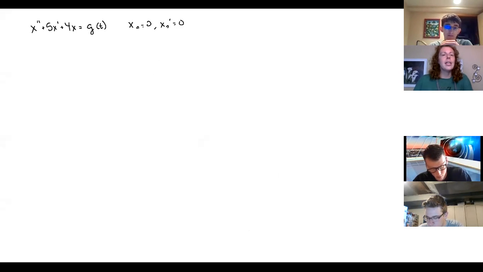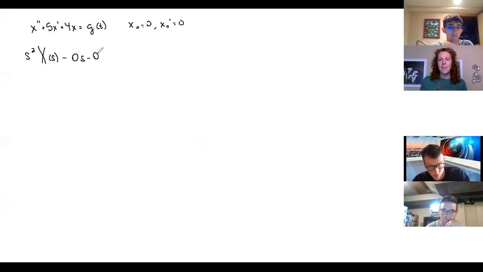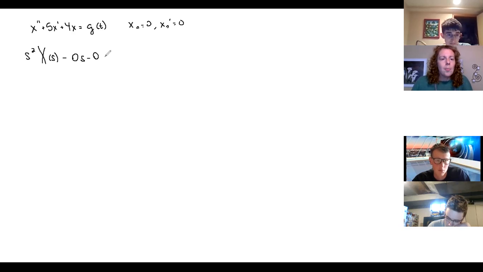All right, so transform of the left-hand side, we haven't done this in a while. s squared, capital X of s, minus 0s minus 0. I don't have to write those in, but I am because we haven't done this for a while. Plus 5s, capital X of s minus 0.